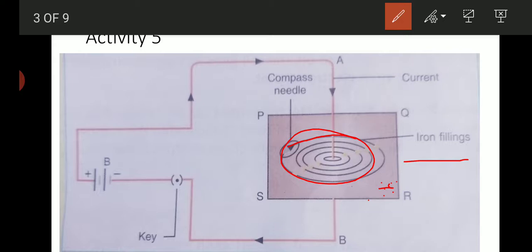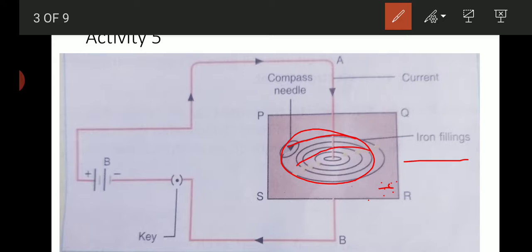This shows that the current carrying wire can affect the iron filings. It produces a magnetic field, and this magnetic field is easily seen with the help of iron filings. While current is passing through the wire, the iron filings get arranged in concentric circles, which suggests that the field lines due to a current passing through a straight wire are circular.